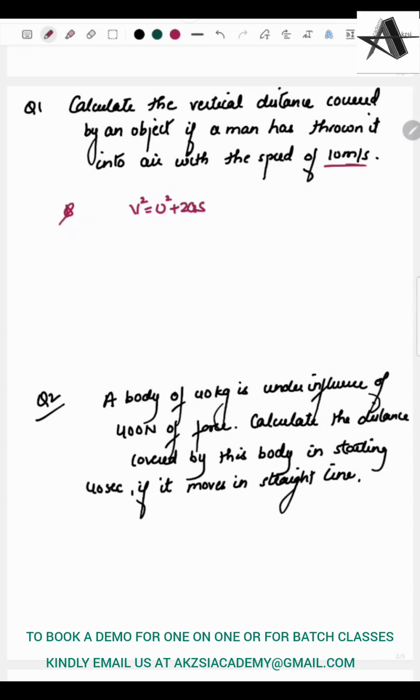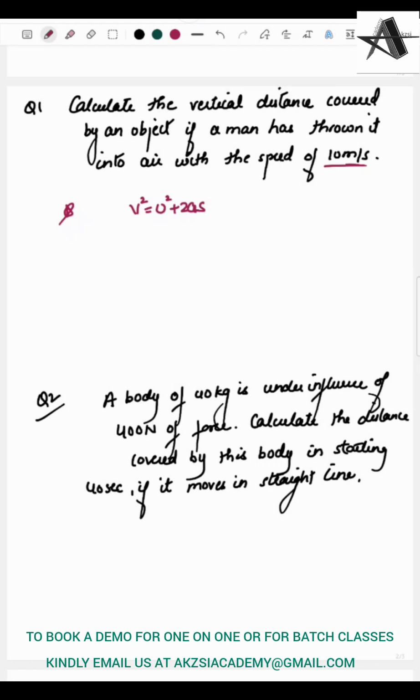Velocity and acceleration are vector quantities, and for a vector quantity you have to take the sign into consideration as well. If the ball is thrown upward, gravity is downward, so what will be the acceleration of the ball? It's moving upwards, opposite to gravity, so it will be negative g.